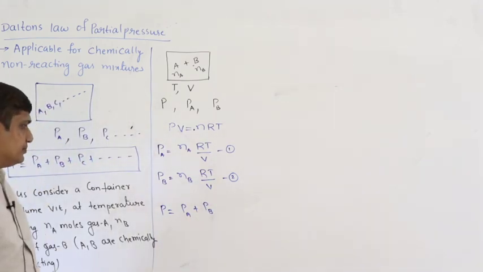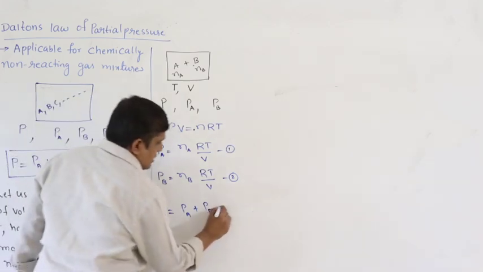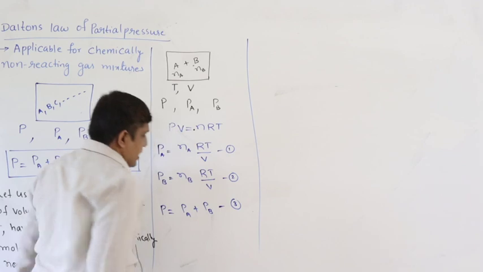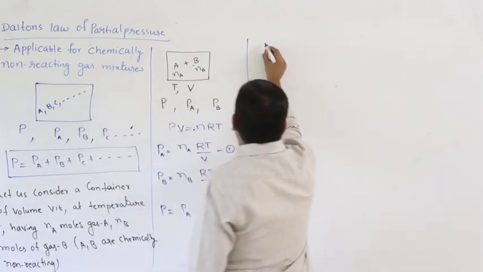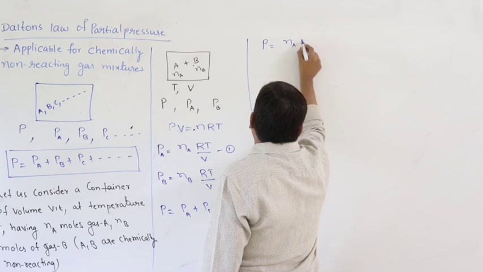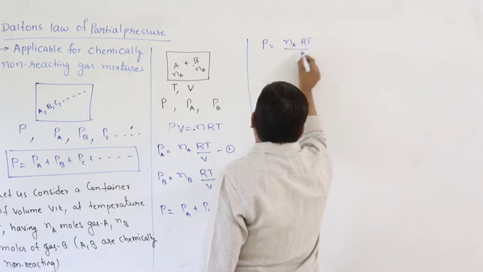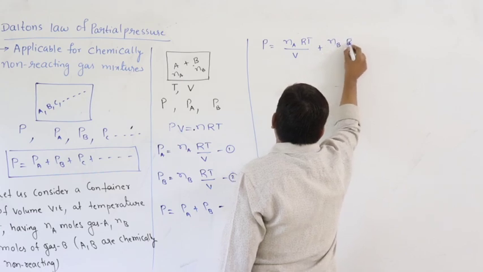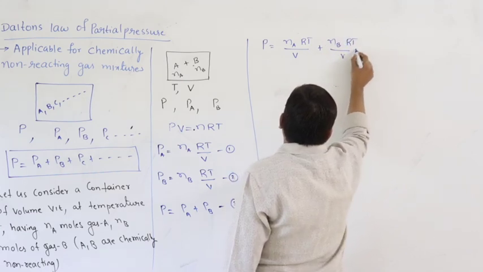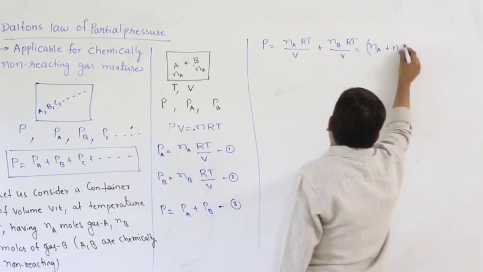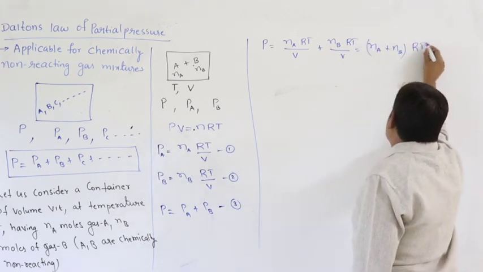Let us call this equation 3. So from 1, 2 and 3, what can I write? The total pressure of the system is equal to Na RT by V plus Nb RT by V, which is equal to (Na plus Nb) into RT by V.